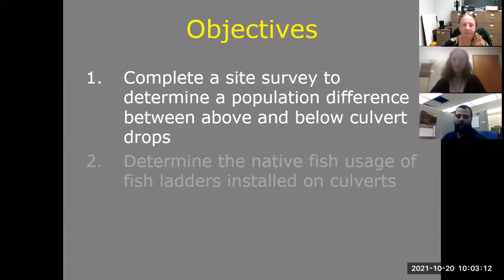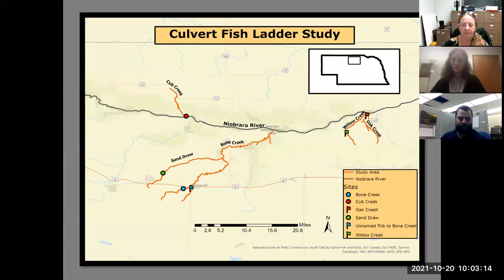So I'm going to go a little bit into objective 1 first. This is a map of the study area that we did this short project on. It's in north central Nebraska on the Niobrara River corridor on a few select tributaries. And a little bit about this map, the flags denote where we put ladders on culverts for the second part of the question.